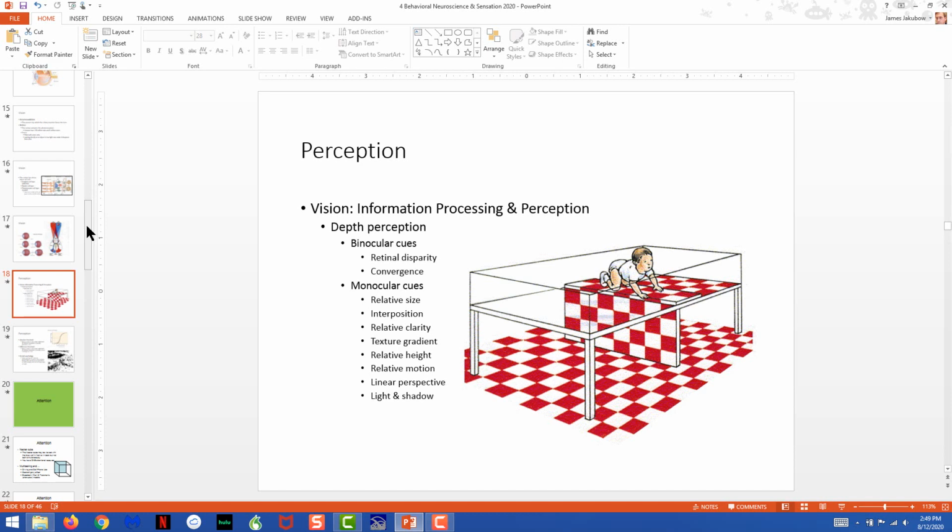And this short description of perception, for vision in this particular case, refers to depth perception. Depth perception comes about as a result of two basic physiological processes, retinal disparity and convergence. You've heard of retinal disparity, no doubt. The idea that you have two eyes and each eye sees a slightly different view of the world. Your visual system compares those two separate images and judges how far an object is from you.